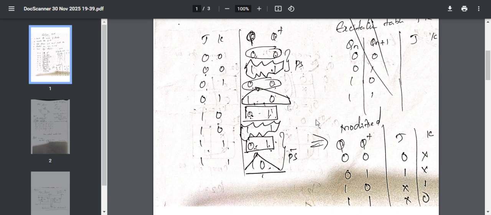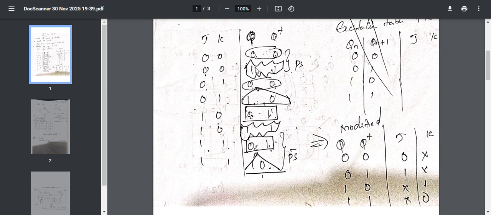Now from this table, we are modifying it. In the modified table, the input is taken as Q and Q plus, and the output is JK. There are 4 states of input: 0 0, 0 1, 1 0, 1 1. You need to see here in the characteristic table, Q Q plus is 0 0 in two states.